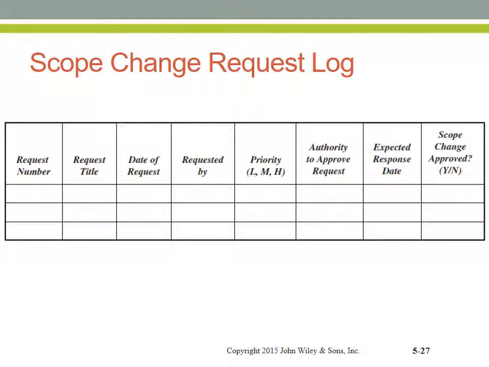And because each change request is a modification to the project charter, we need to log all the scope change requests with the request number, the request title, and the date, the priority, whether that scope change request was approved, when we expect it to be approved, and who approved it.